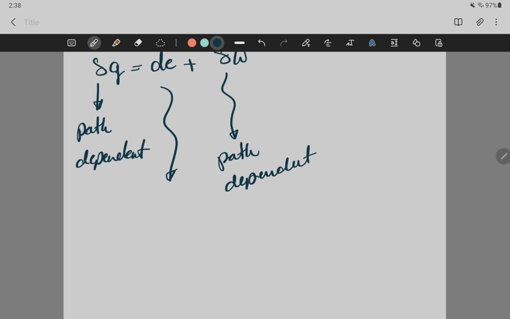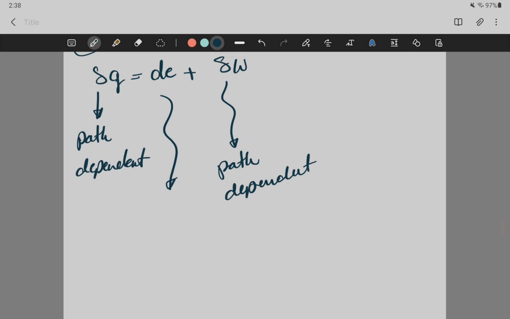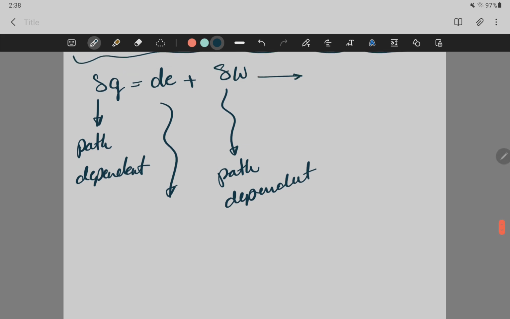Just a reminder. What will happen to this first law of thermodynamics in a closed cycle? All over the cycle, it's equal to conserved.